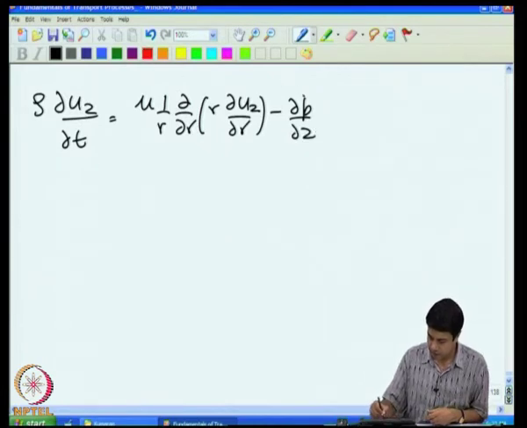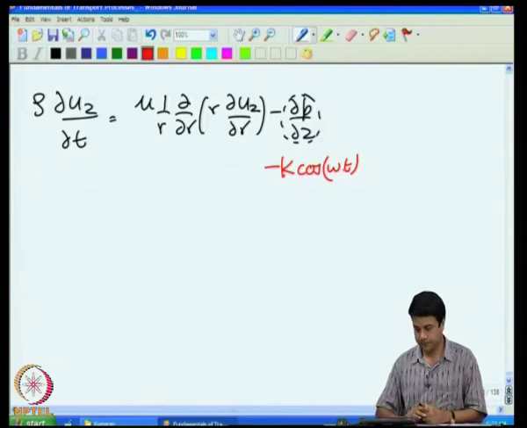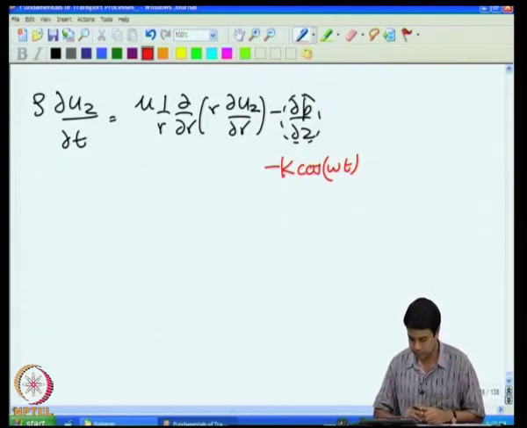This is now oscillatory in time. So, this is minus k cos omega t.